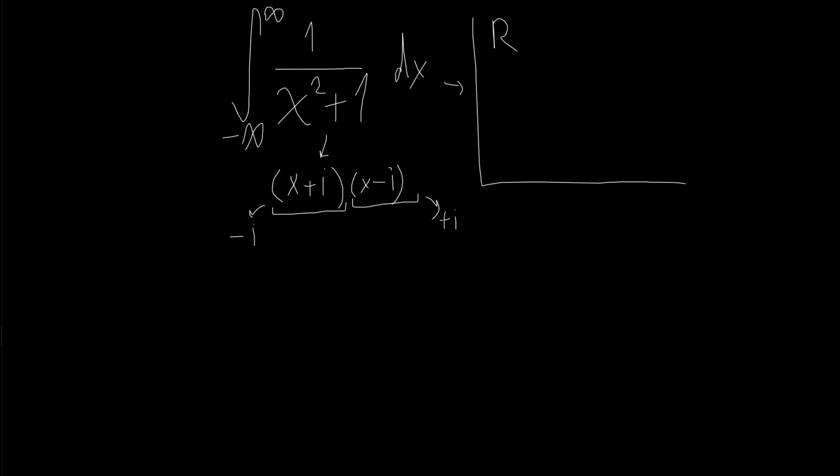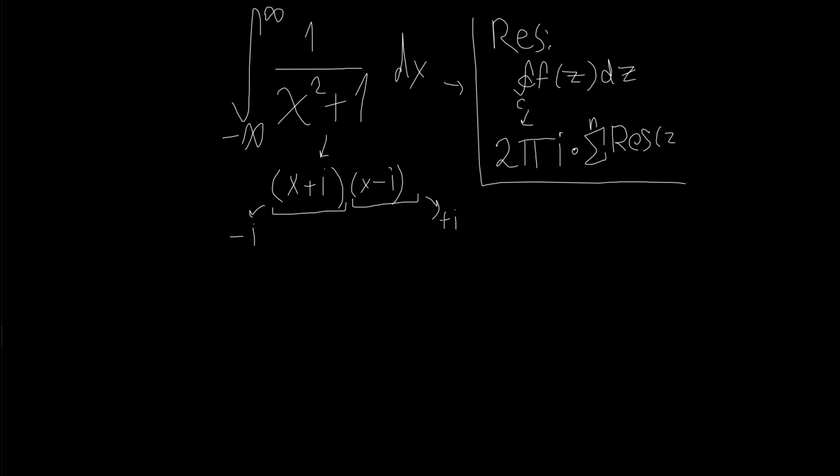The residue theorem basically states that if you take an integral of f of z dz, and it's a contour integral over some contour on the complex plane, then it will be 2 pi i times the sum of all the residues of that function at the points where it blows up.